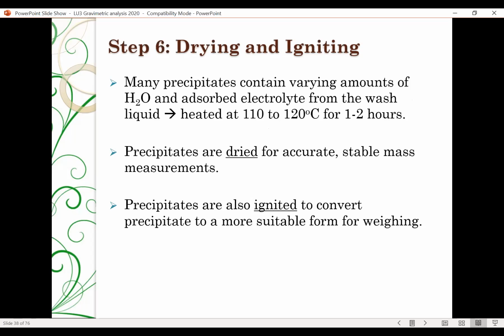So when we heat it at 110 to 120 degrees for 1 or 2 hours, we will remove that moisture and adsorbed electrolytes. So we dry the precipitates for accurate and stable mass measurement, and sometimes we need ignition to convert the precipitate to a more suitable form of weighing.